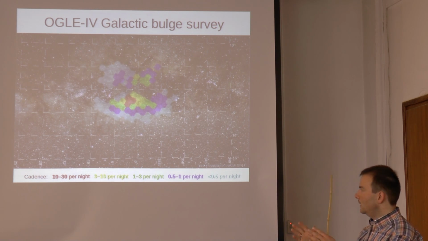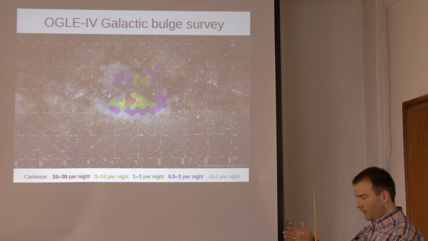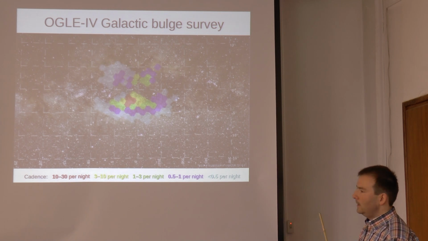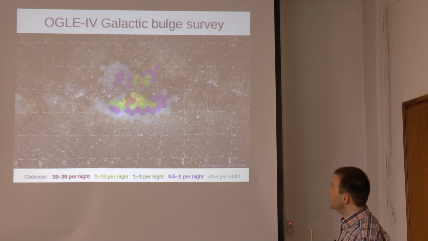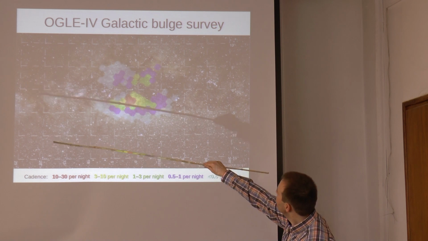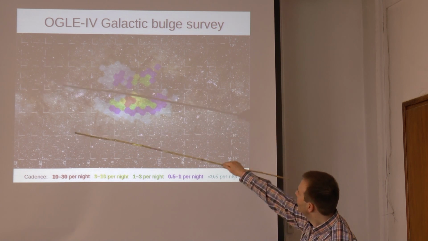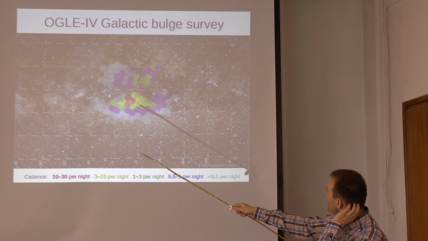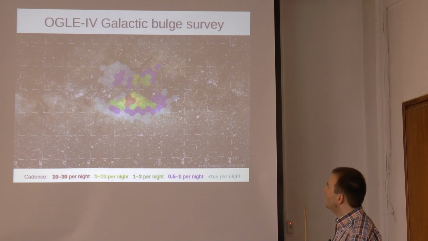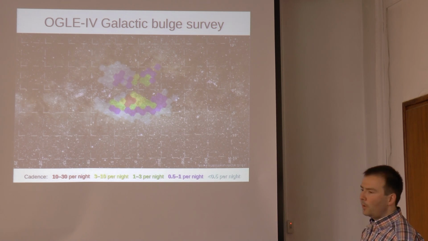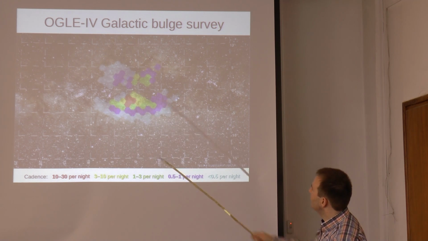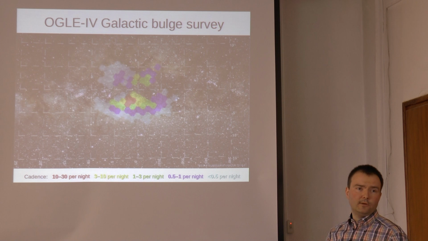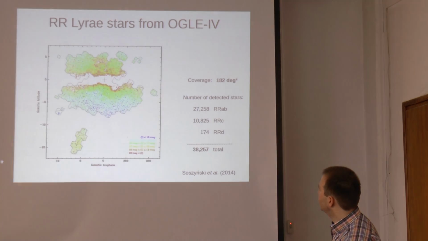Here you have the number of observations per night, but in some cases we observe the same field every 20 minutes. Here is the galactic plane, and as you can see, we observe the area where the probability for microlensing is the highest. That's why we concentrate on this area where the density of stars is the highest.